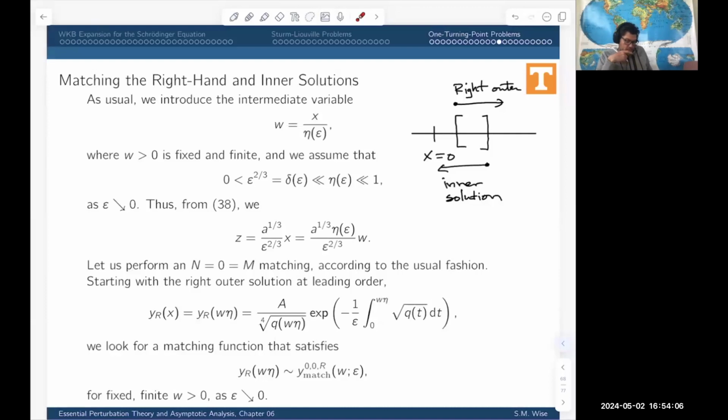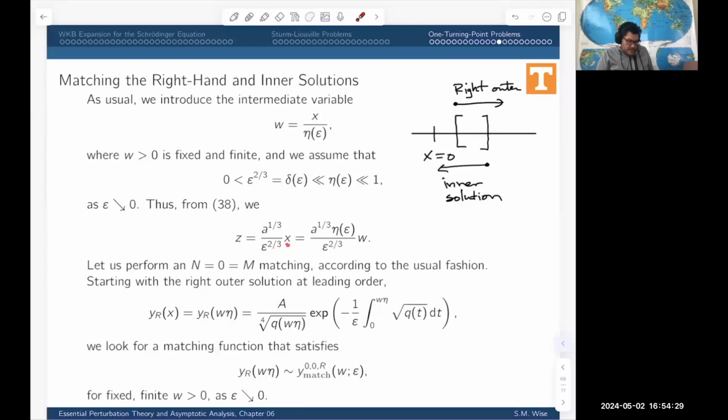So now we know what our inner solution or our boundary layer variable, or the stretch variable z, is equal to a to the 1/3 over epsilon to the 2/3 times x.